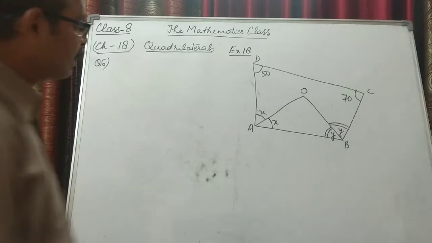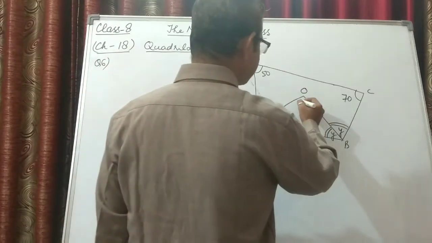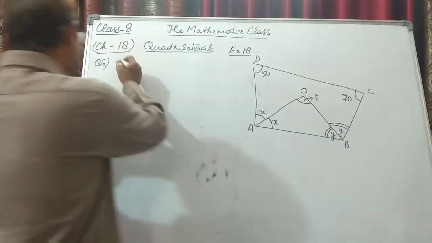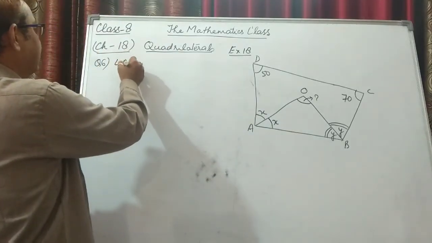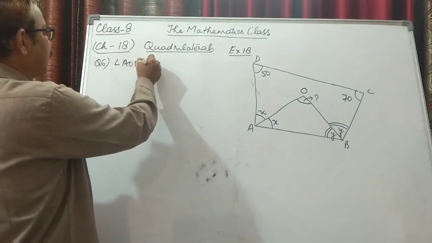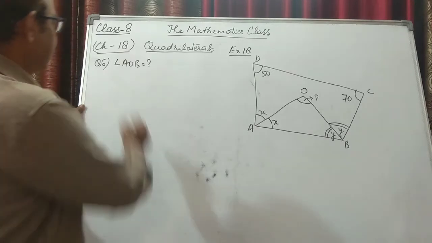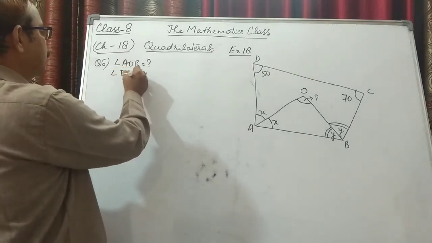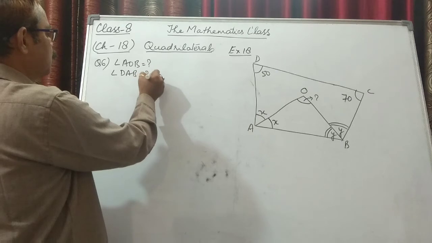And we have to find angle AOB. AOB means we have to find out this angle. Now, first of all, we have considered, let angle DAB is equal to 2x.